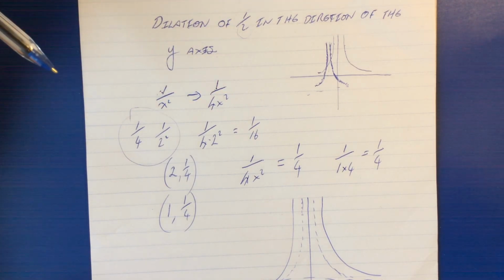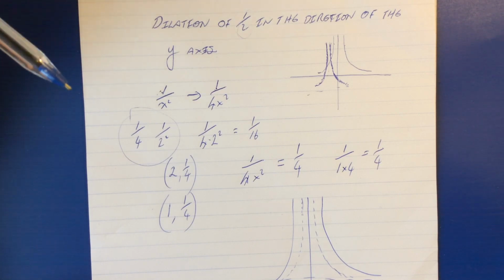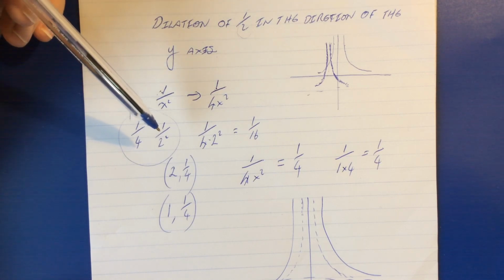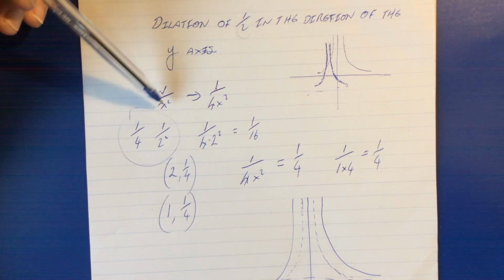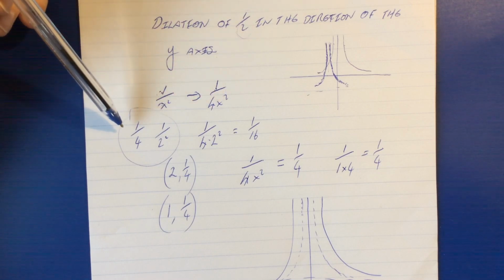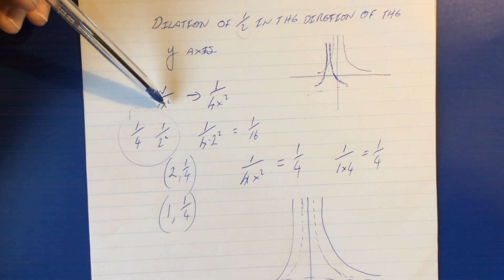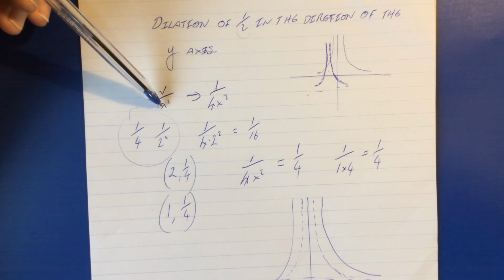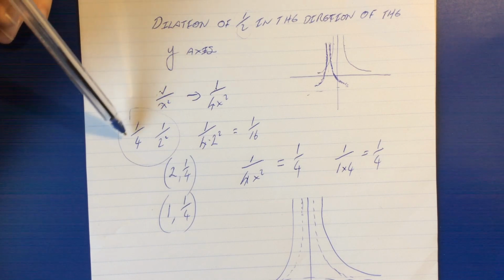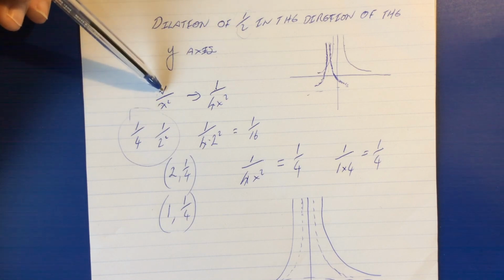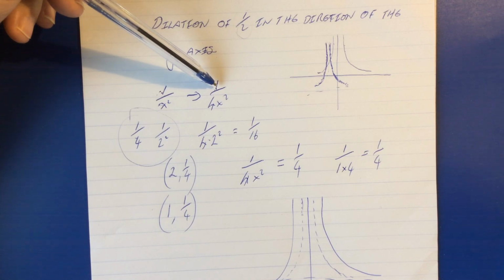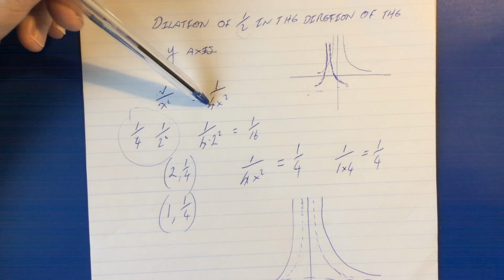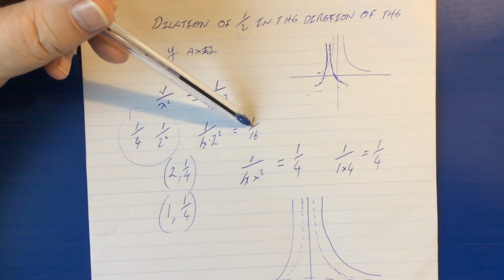Well, what I did was I thought, let's see what happens if we put a value into this. And the answer, of course, is unhelpful, because what we wind up with is we have 1/2 squared, which gives us 1/4, and we then have 1/4 times 2 squared, which gives us 1/16.